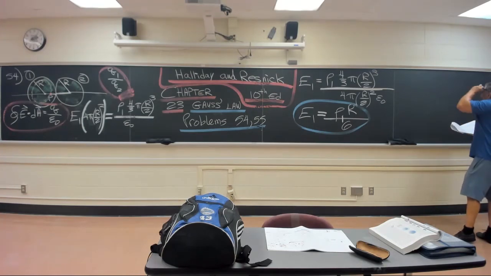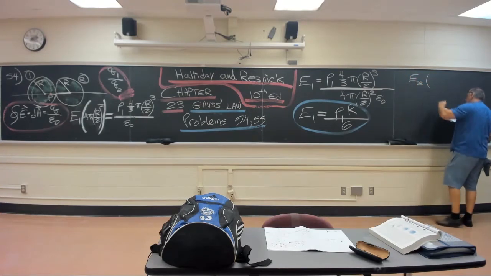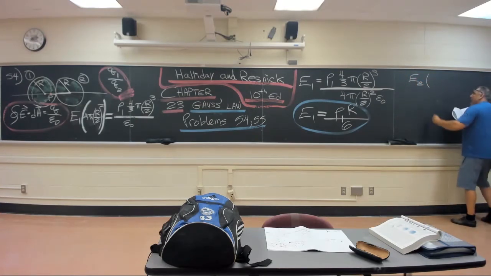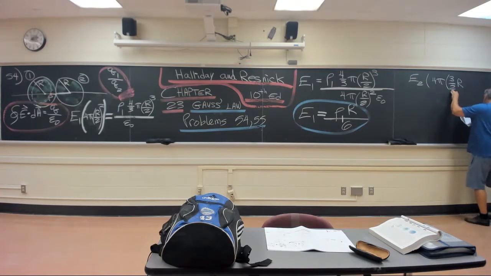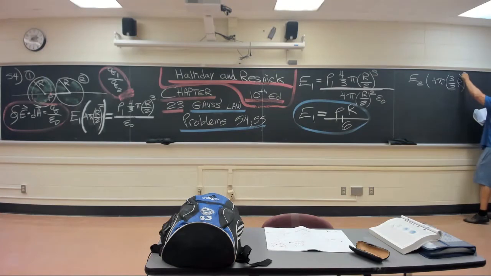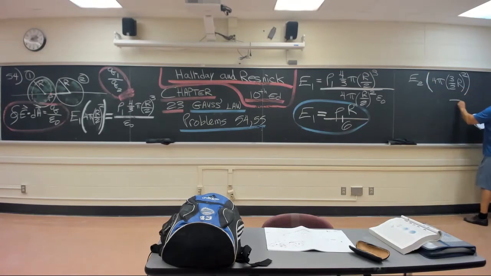So you got E sub 2 times 4 pi, the radius under consideration of the Gaussian sphere, we said it's 0.5 capital R plus 1 capital R, which is 1.5 capital R. All that equals rho 2.